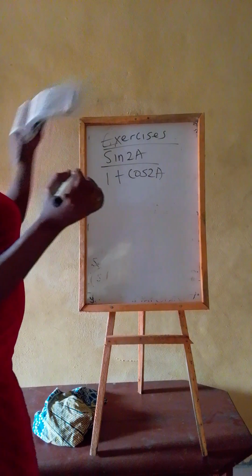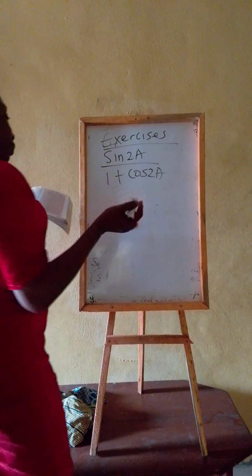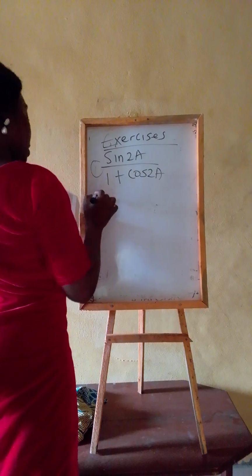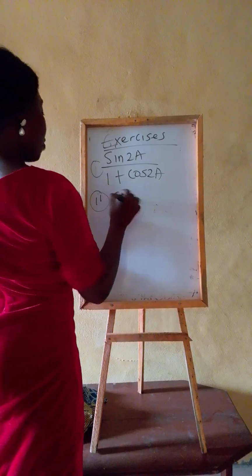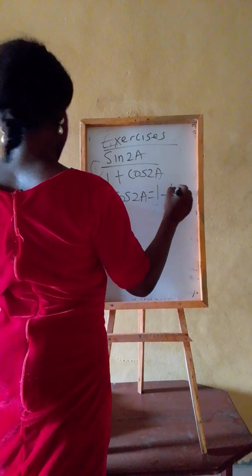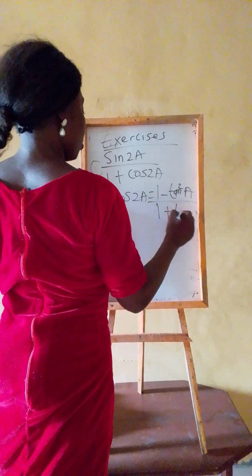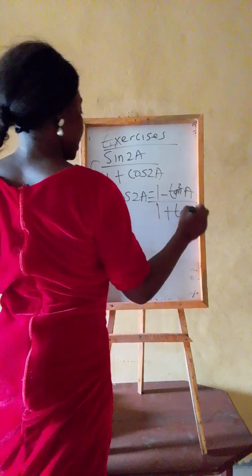Then the second one: cos 2a equals 1 minus tan squared a over 1 plus tan squared a.